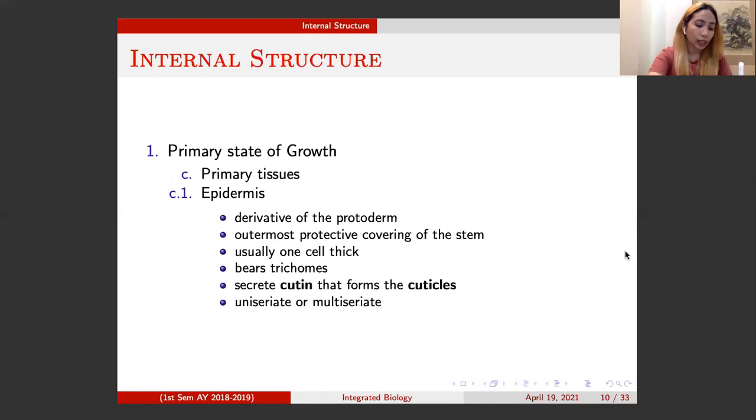However, some epidermis actually consists of more than one layer. If it consists of more than one layer, we normally call it multiseriate epidermis. If it's just one layer or one cell thick, it is what we call the uniseriate epidermis.